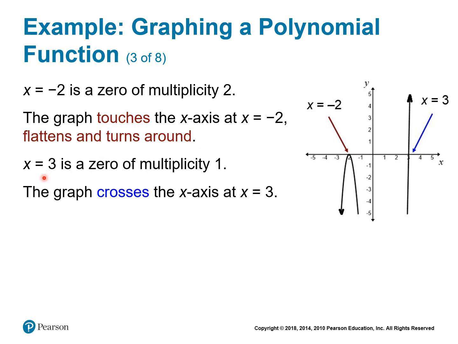The other intercept is at x equals 3. It is a zero of multiplicity 1. That means it's going to cross. It's an odd multiplicity, so it's going to go across the x-axis. So the graph crosses the x-axis at x equals 3. So now the remaining part is to determine how the graph will behave in between these ends.